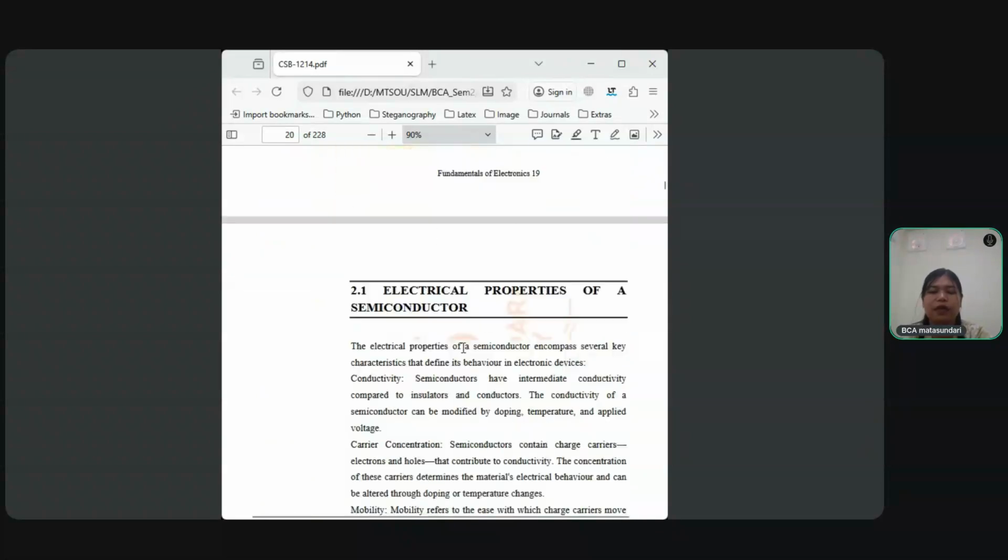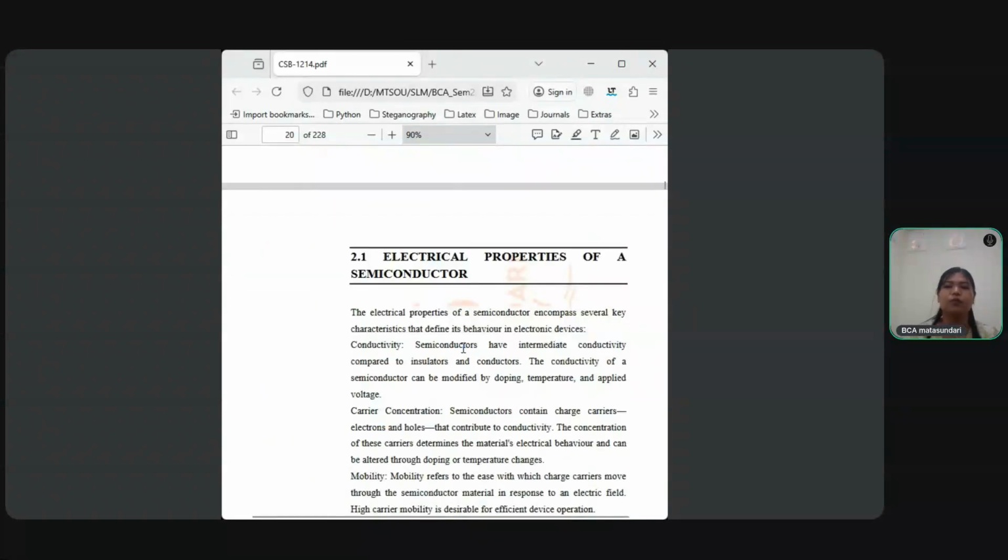Let's have a basic introduction to the electrical properties of semiconductors. The electrical properties of a semiconductor encompass several key characteristics that define its behavior in electronic devices.